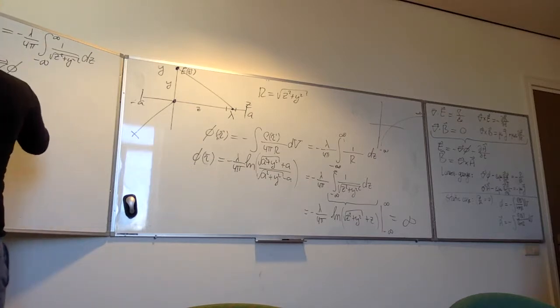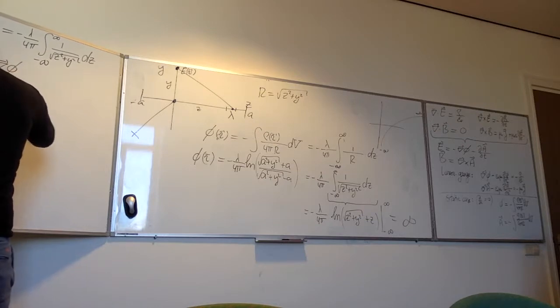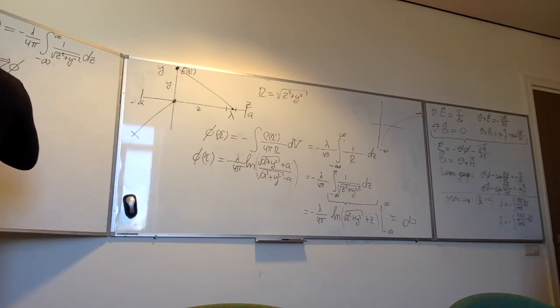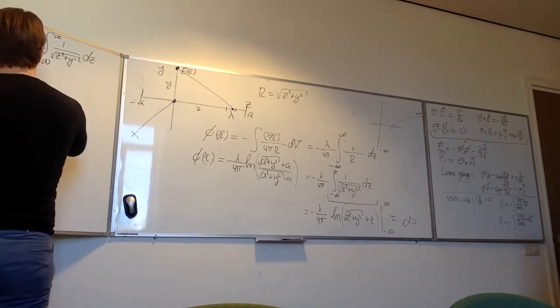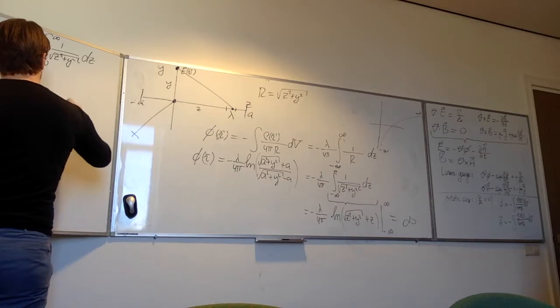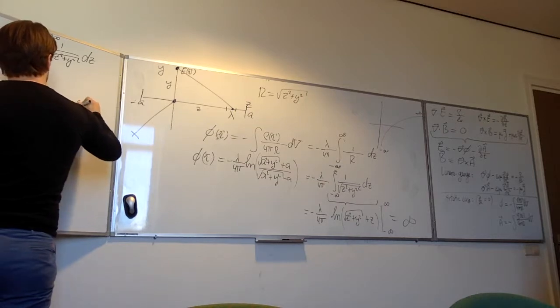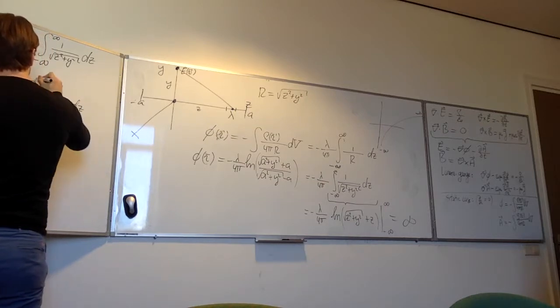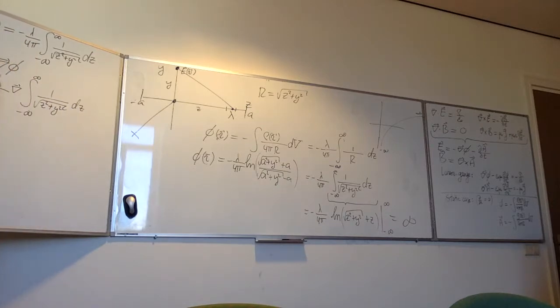Well, I see some minuses cancelling, so that's good, I guess. I haven't done anything now. I've just taken this minus, cancelled with this one, and then I put the gradient here. Next step, suggestions.